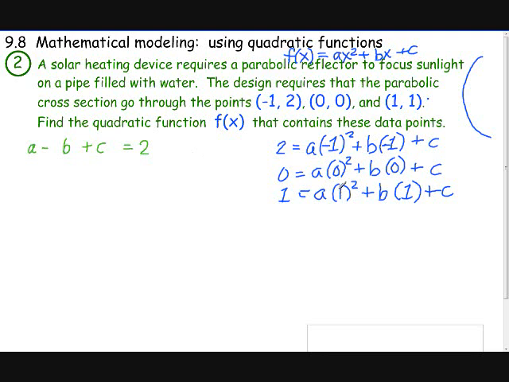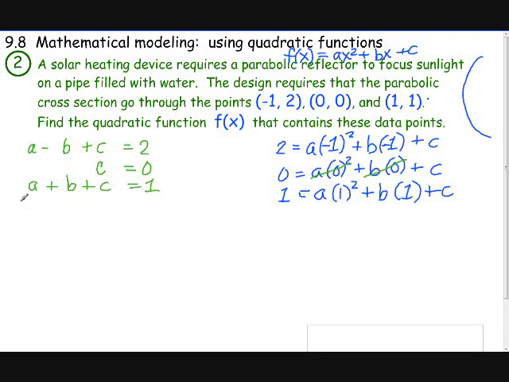This equation, what happens here? This is zeroed. We end up with c equals 0. This equation is going to be 1a plus 1b plus c equals 1. A plus b plus c equals 1.